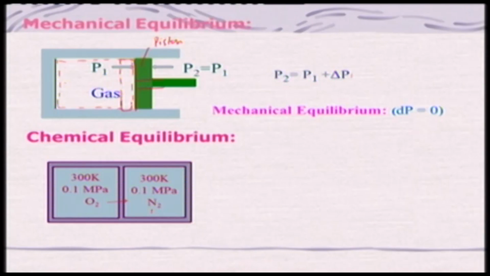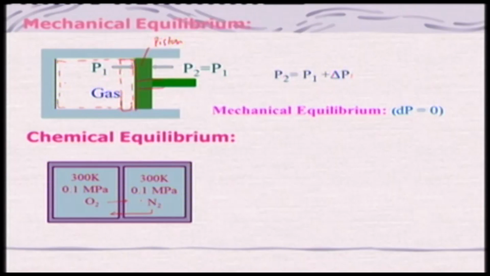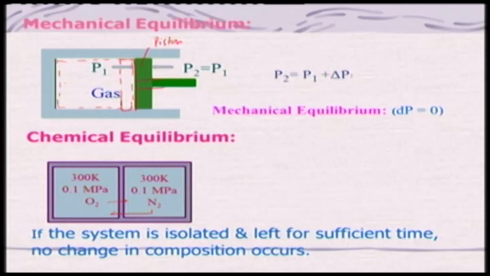and nitrogen will be moving in the opposite direction, because the concentration of nitrogen is 0 here and here it is very high. Therefore, it will be moving towards that, and after a certain time, what will happen to the concentration of oxygen and nitrogen? It will be uniform across the whole system.